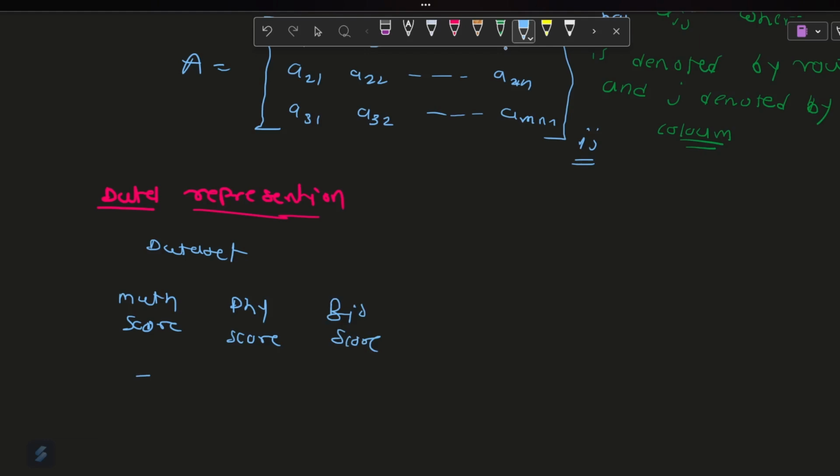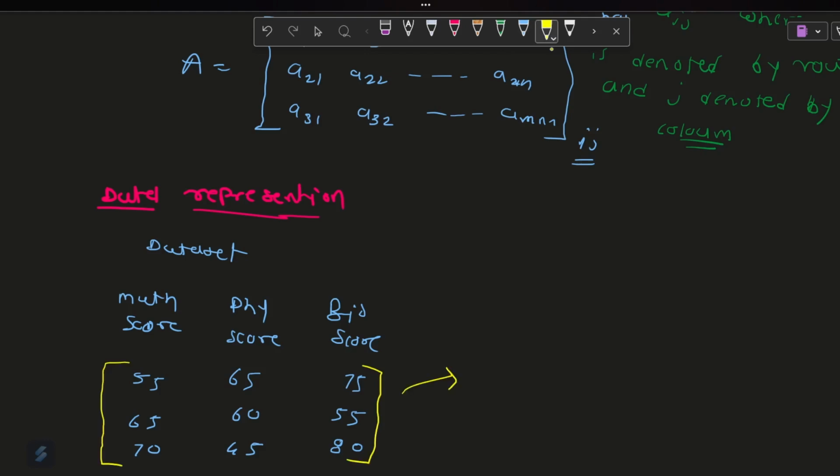Math scores are 55, 65, and 70. Similarly, physics scores are 65, 60, and 45, and biology scores are 75, 55, and 80. This data set is in the form of a matrix.